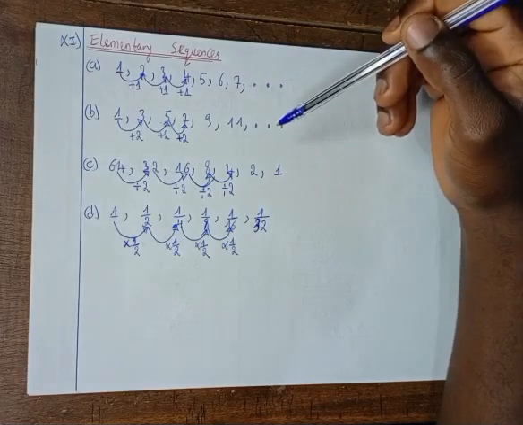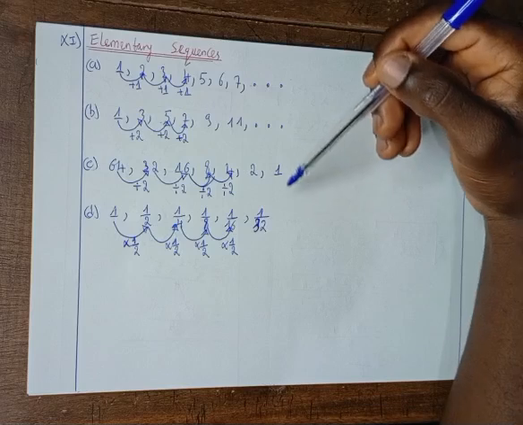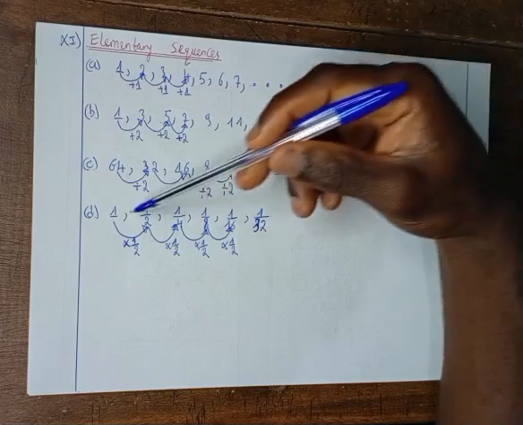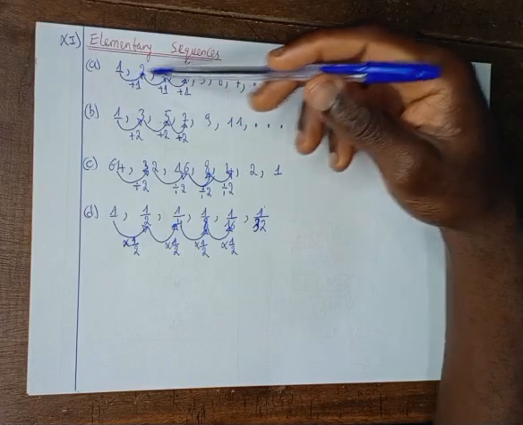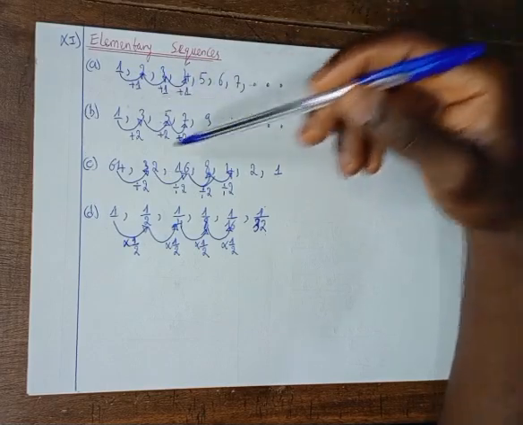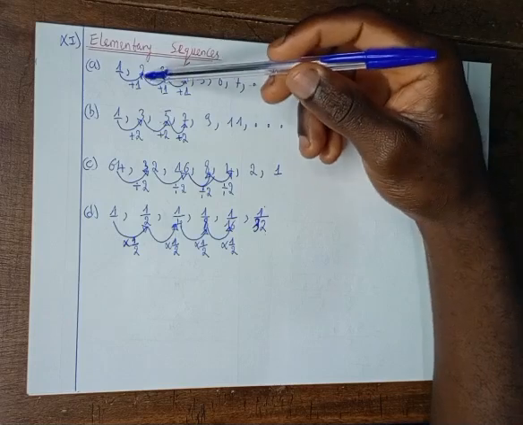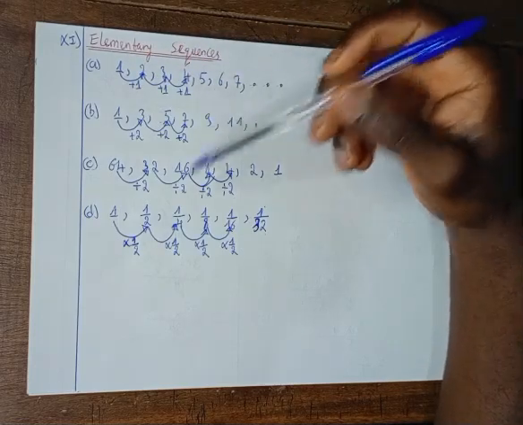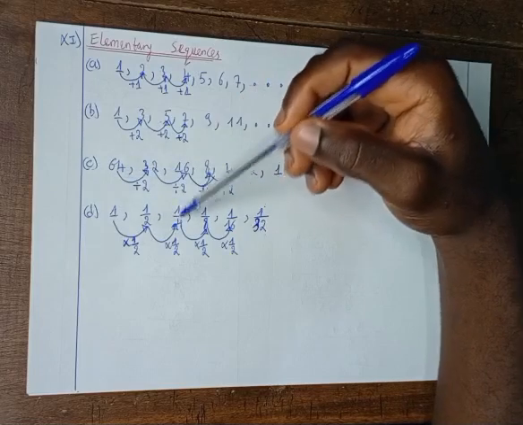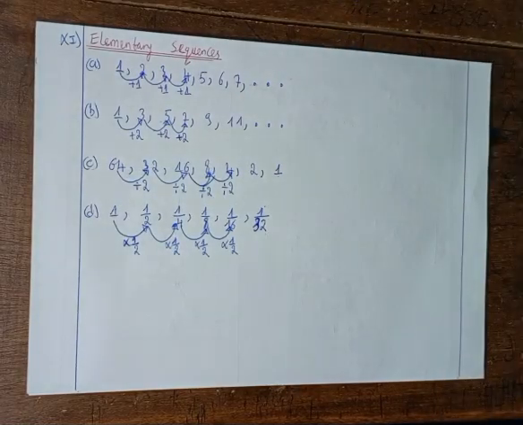That means they are endless. While C and D are said to be finite sequences. Here the last term is 1, and for D the last term is 1/32. Then we call the elements, the numbers we see in a sequence, the terms. This is the first term, second term, third term, fourth term, fifth term, sixth term, seventh term. The same thing here, first term, second term, third term, fourth term, and so on.